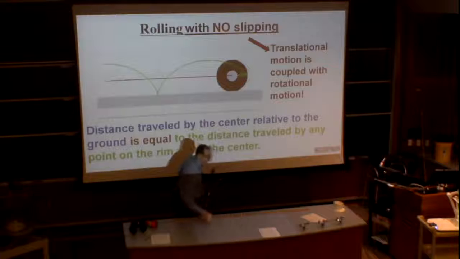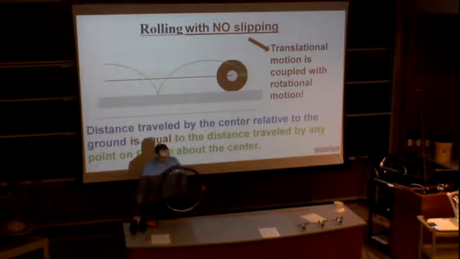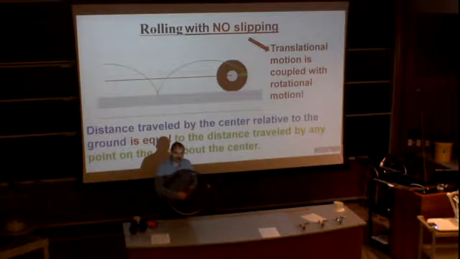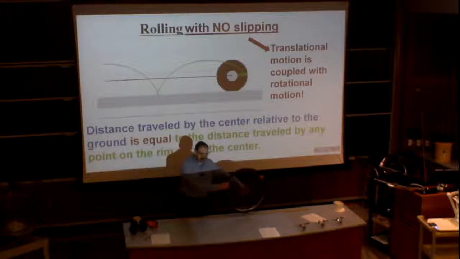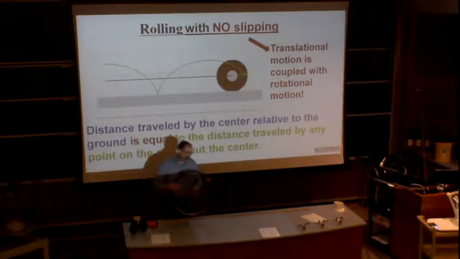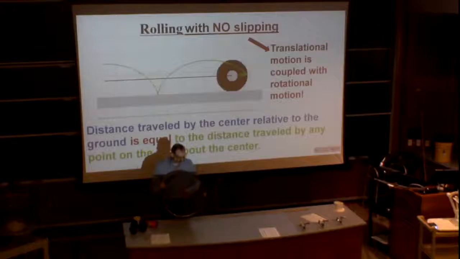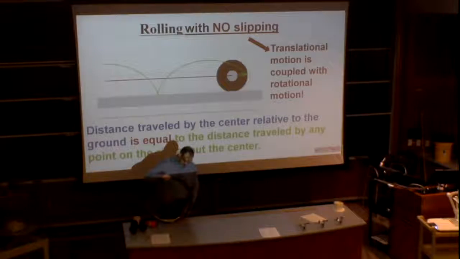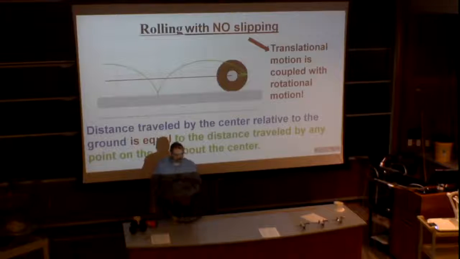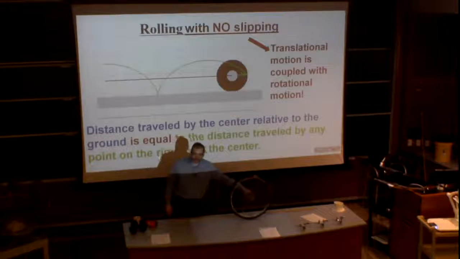When we look at the rolling object, we can look at the motion of the center of mass, and the center of mass just travels straight ahead. And we can look at the motion of any point on the rim about the center of mass. And that's a rotational motion. And together, that's what we call rolling.